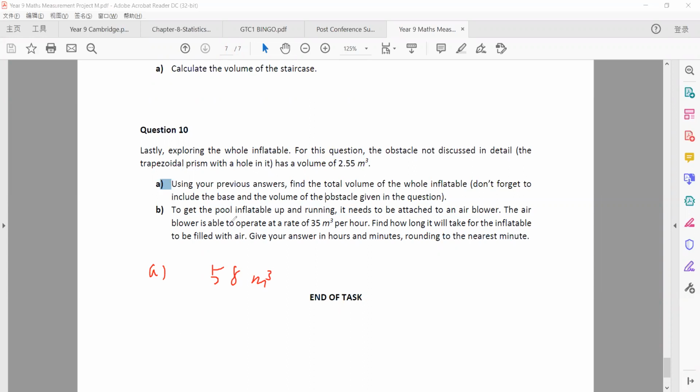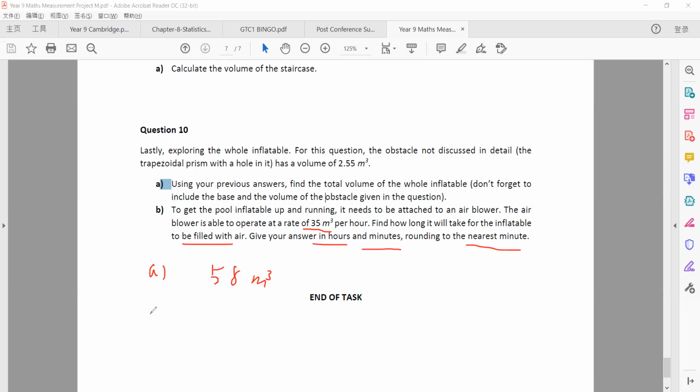We have an air blower able to operate at the rate of 35 meter cube per hour, and we want to find how long it takes for the inflatable to be filled with air. You need to answer in hours and minutes and round to the nearest minute.